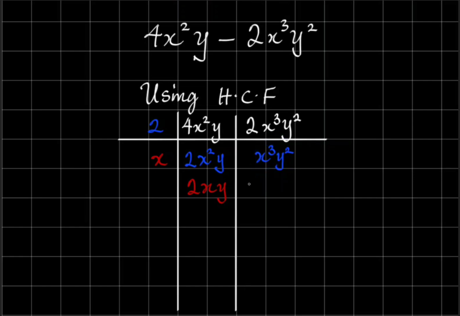So we have x squared, then y squared. Then what next? We check again, x is still here, also x squared here, so we can use x again. x cannot go in 2, so we write our 2 back. But it also cannot go in y, we write our y back.